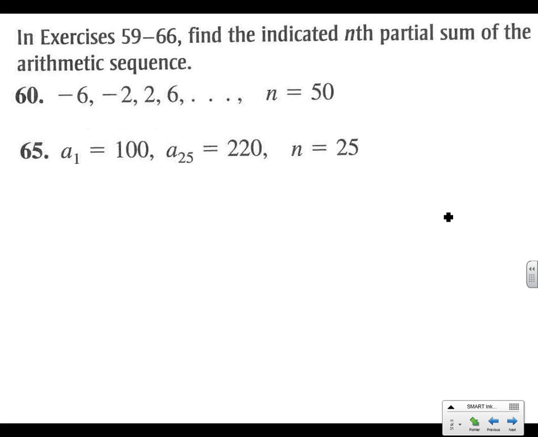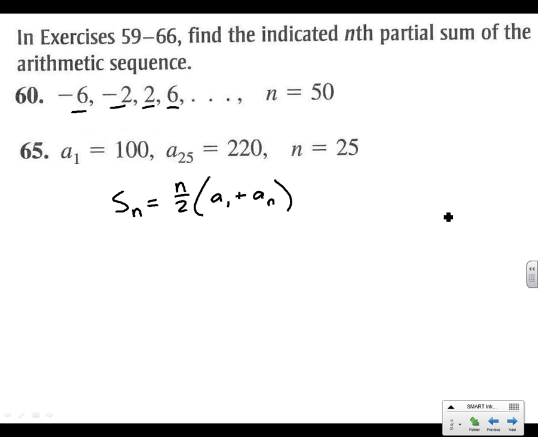Find the indicated nth partial sum of the arithmetic sequence. All right, so we're trying to find the sum of the first 50 terms here. And it only lists out the first 4: 1, 2, 3, 4. But we can figure out what these are all going to be here. We need to know the first term and we need to know the last term. Remember, our formula for the sum is going to be n over 2 times a1 plus an.